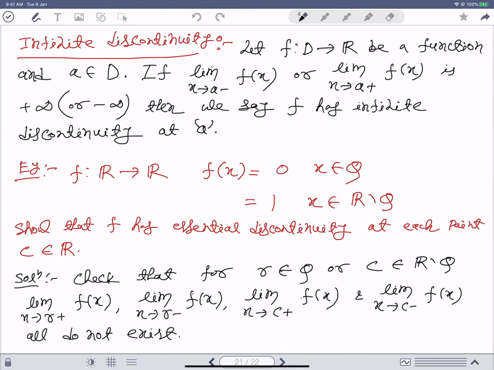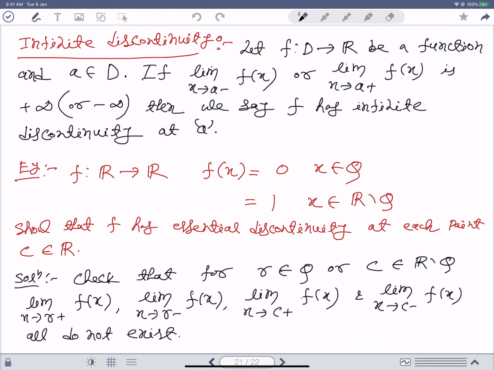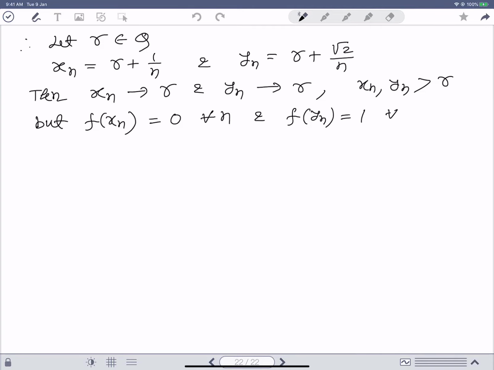Now f of x_n is 0 for all n, and f of y_n equal to 1 for all n.